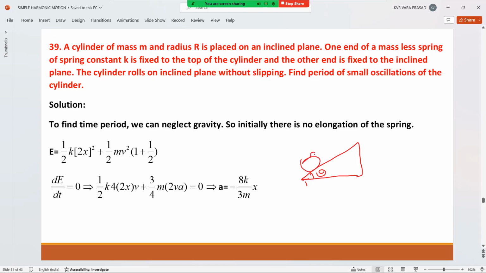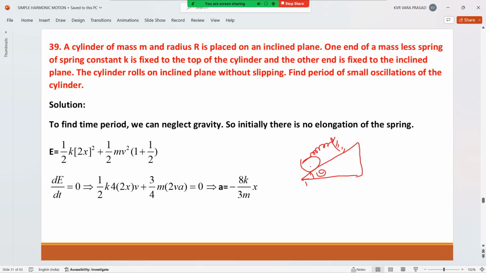Spring is connected to top of the cylinder, right? So whenever we want to calculate in case of spring time period, there we can neglect gravity. So which makes a calculation simple. So if you neglect gravity, there is no elongation, no compression in mean position.